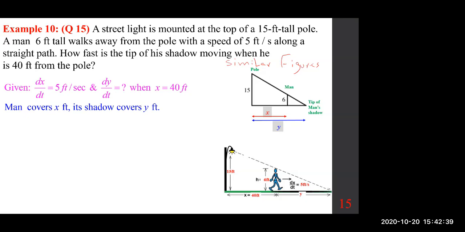If you look at this small triangle versus the large one, they are similar figures. So finding the ratio, here's one easy way. This is one side, which is 6. This is another side, which is 15. So 6 to 15 would be this distance over the total distance.